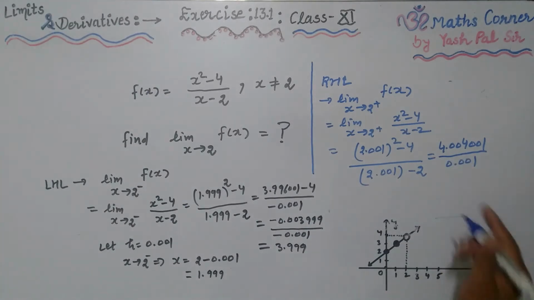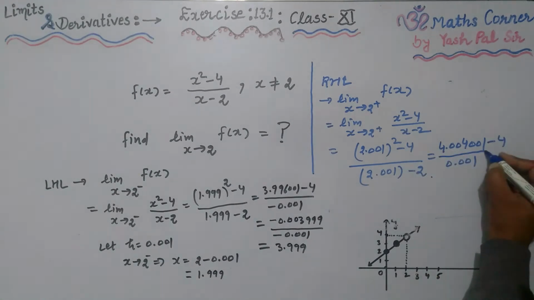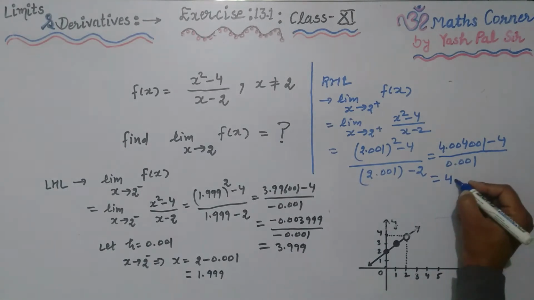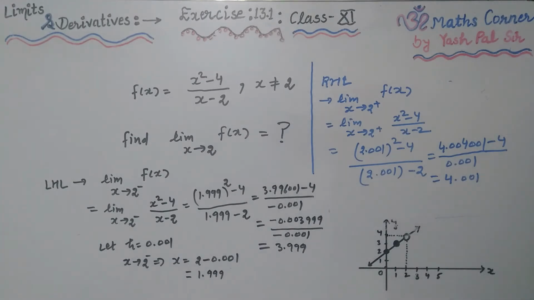Now dividing this we have 4.001. So this was the right handed limit.